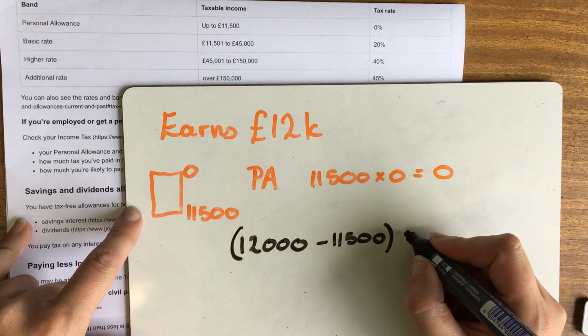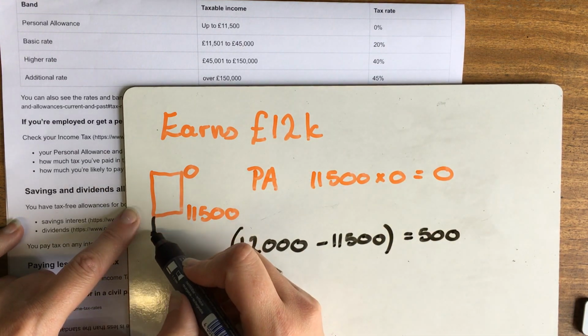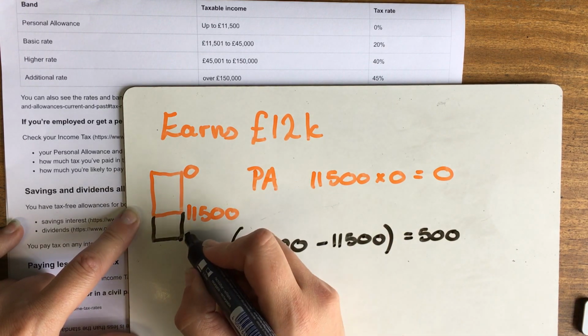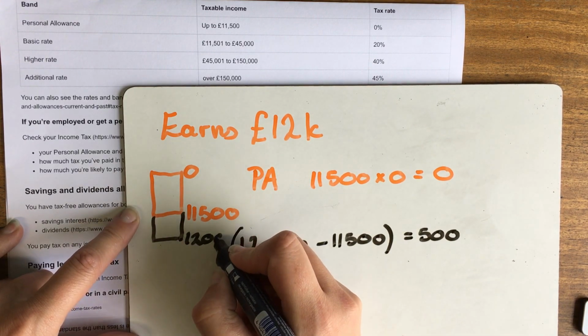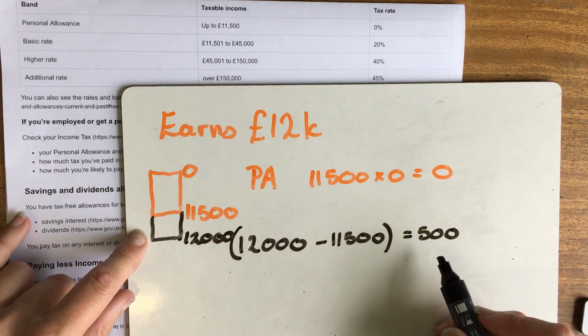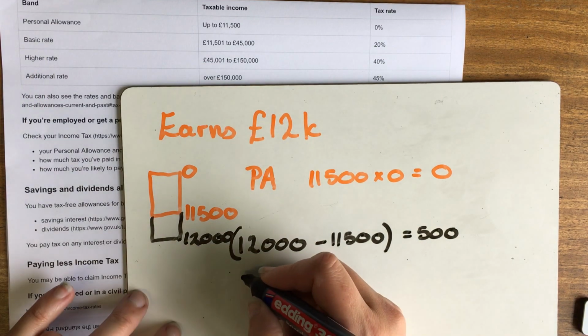That will give us £500. So that next section at basic rate, which goes up to 12,000, we've got £500 in, and our basic rate is taxed at 20%.